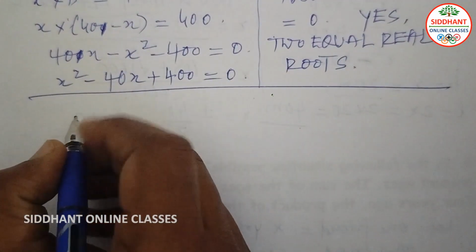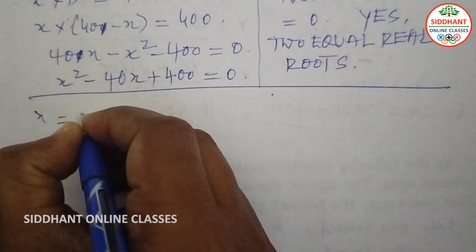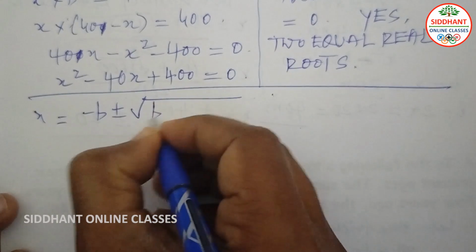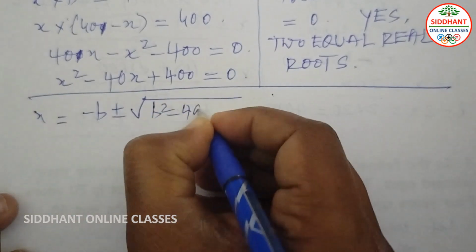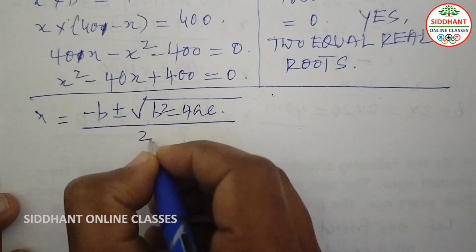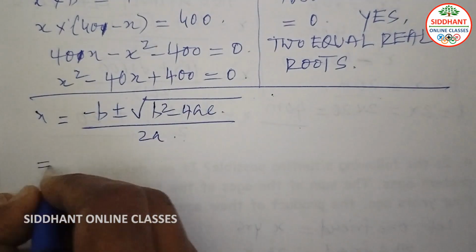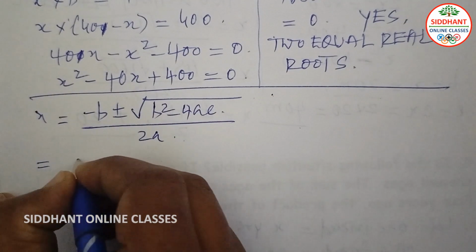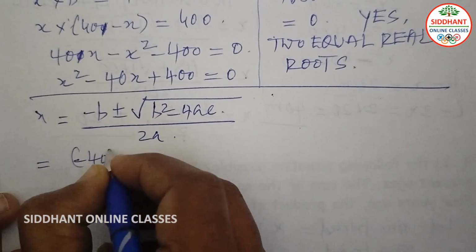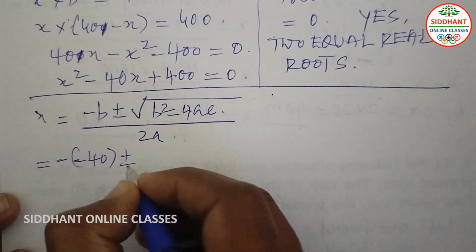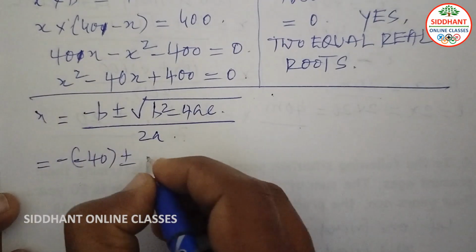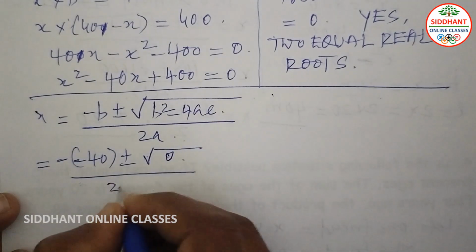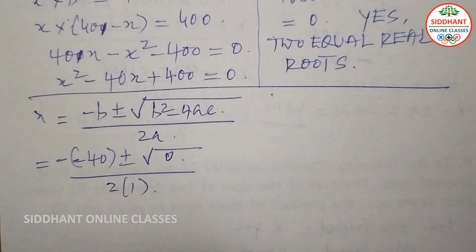Now finding the real roots. So x equal to minus b plus or minus root b square minus 4ac by 2a. So that will be here b, which is minus 40 plus or minus root 0, by 2 into 1.